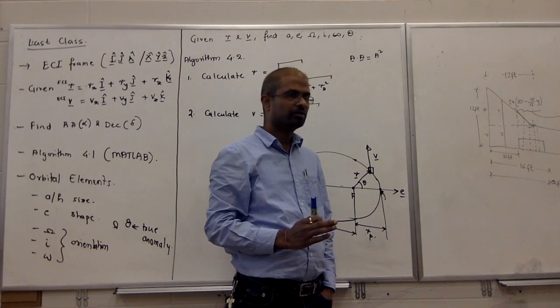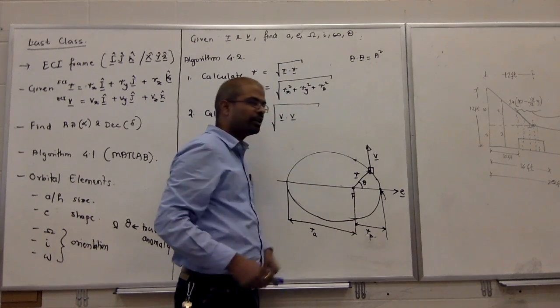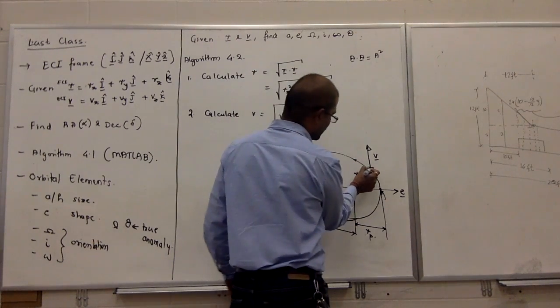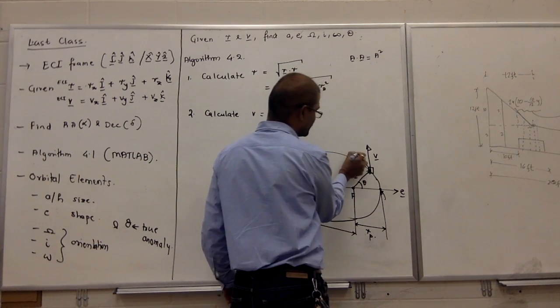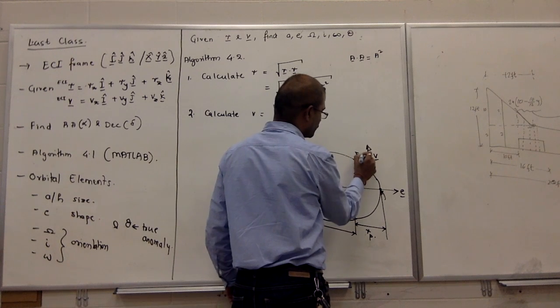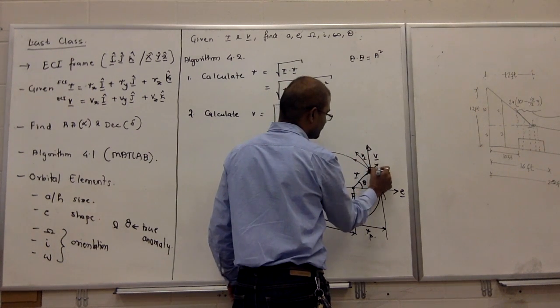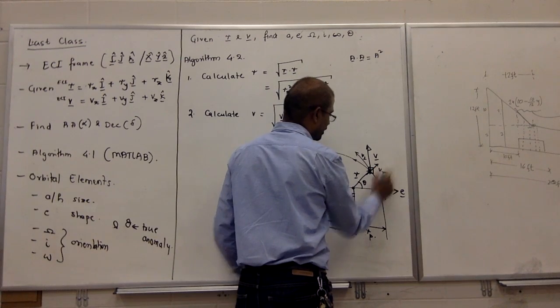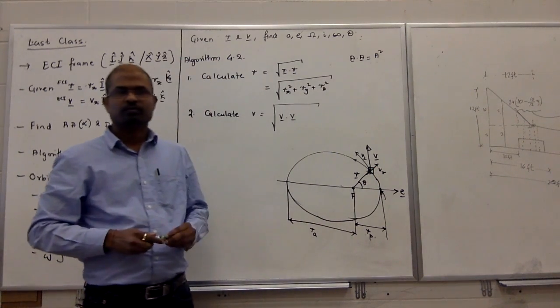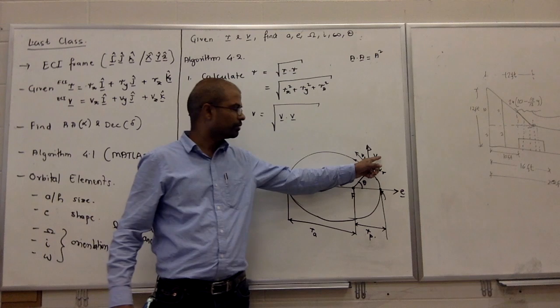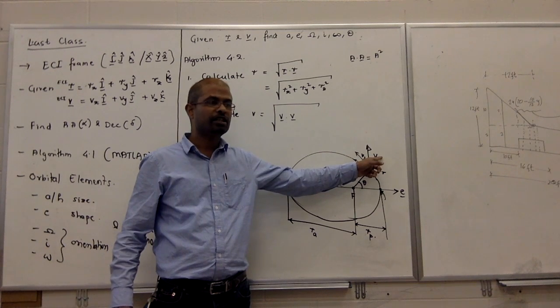You see that? So this is the velocity vector. This velocity vector has this component, which is v perpendicular, and this component, which is v r. The velocity vector by itself is not necessarily tangent to this.